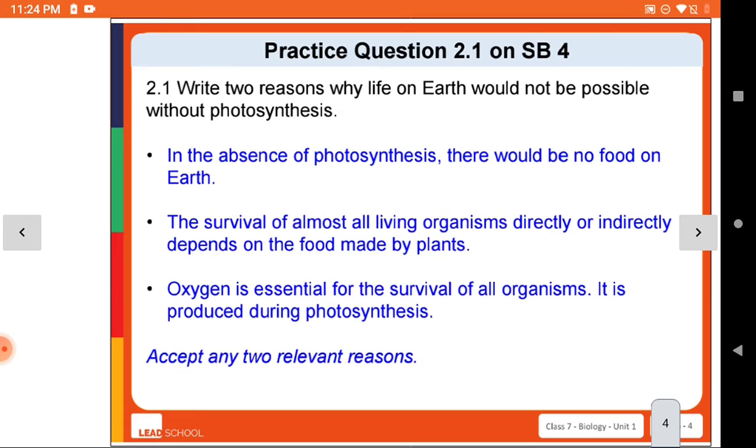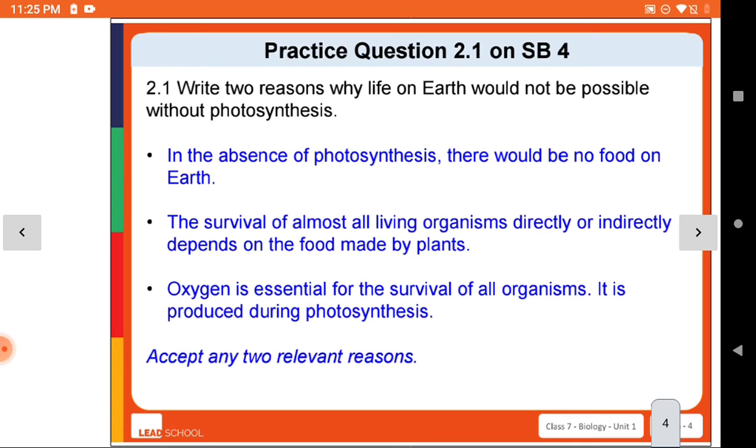Second, the survival of almost all living organisms directly or indirectly depends on the food which is made by plants. And third, oxygen is essential.